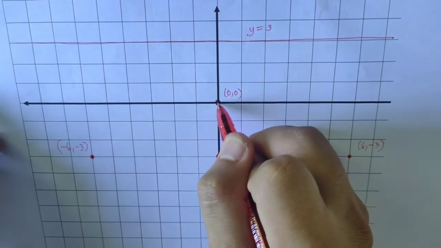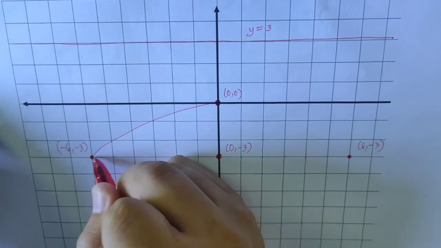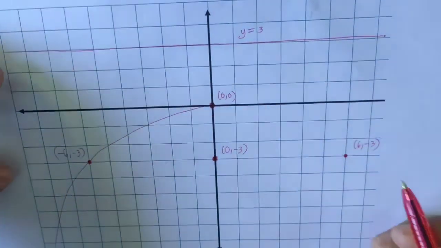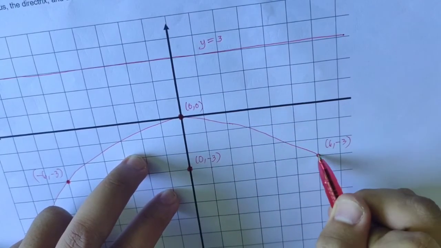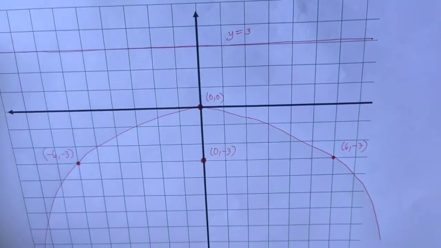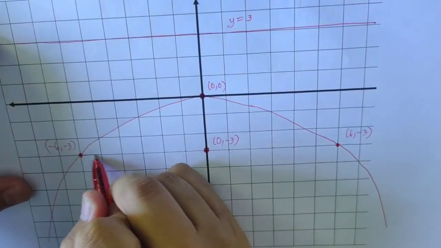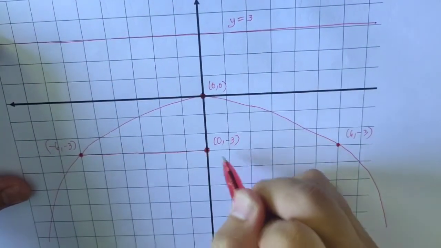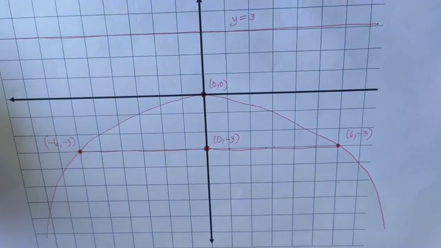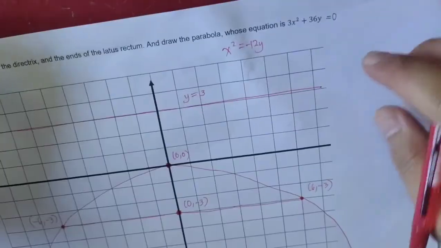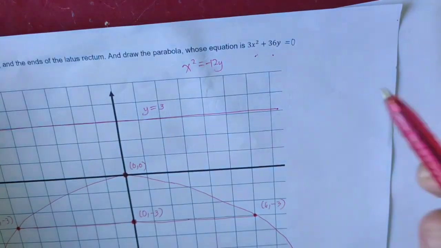So ito na yung graph ng parabola. Ay wait, connect ko lang itong tatlong dots, yung latus rectum natin. Ay, hindi pantay. Okay, so ito na yung graph ng parabola na may equation 3x squared plus 36y equals 0.